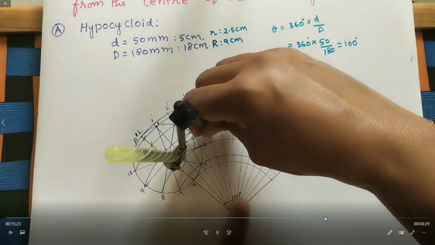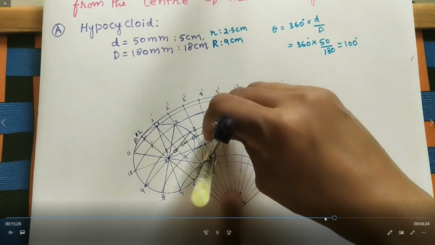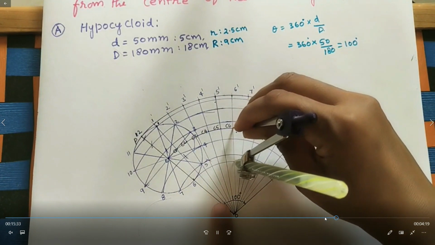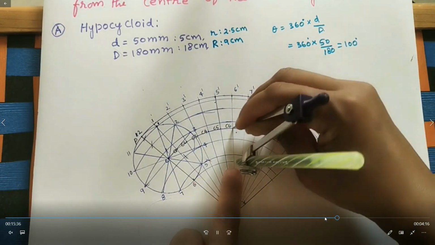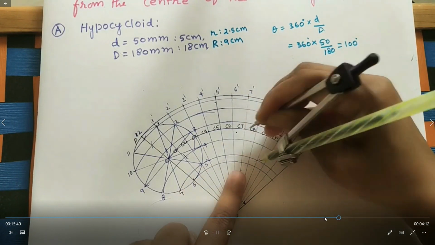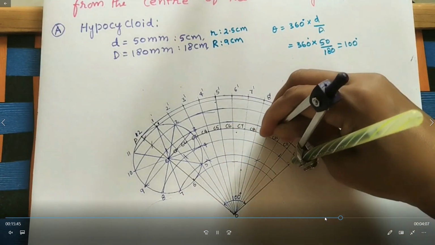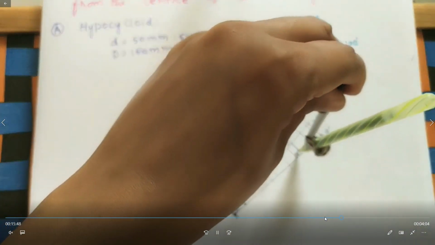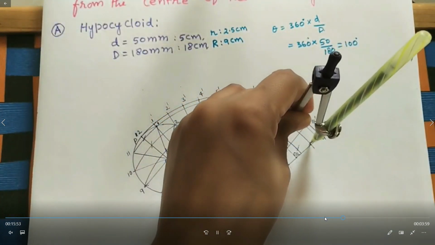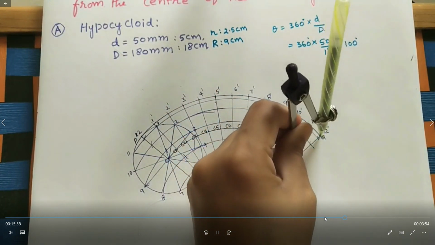You cut fourth line. C5 is the center. You cut fifth line. C6 is the center. In this way. Next C7 is the center. You cut the seventh line. C8 is the center. You cut the eighth line. C9 is the center. You cut the ninth line, and C10 10th, and C11 11, C12 12.